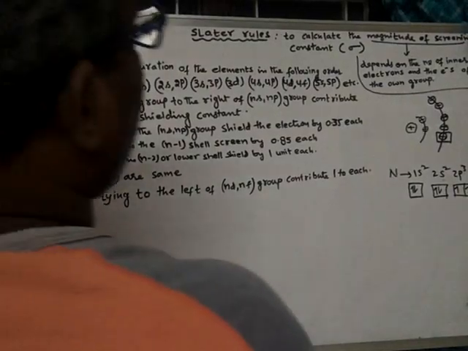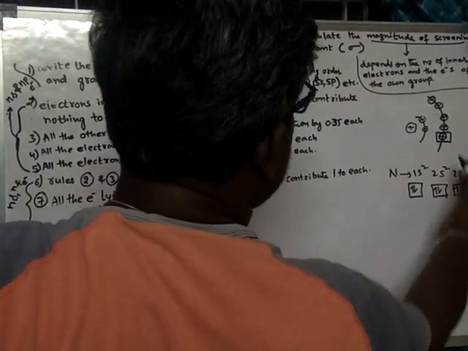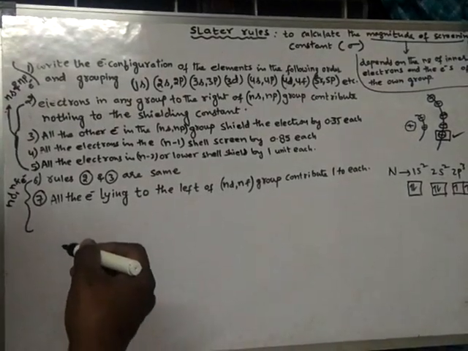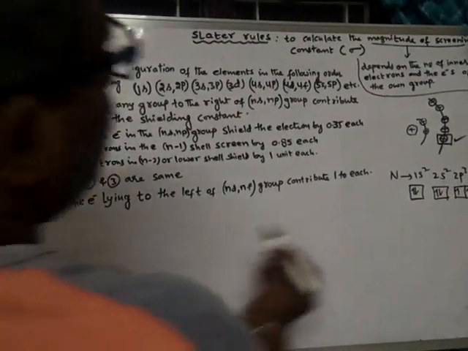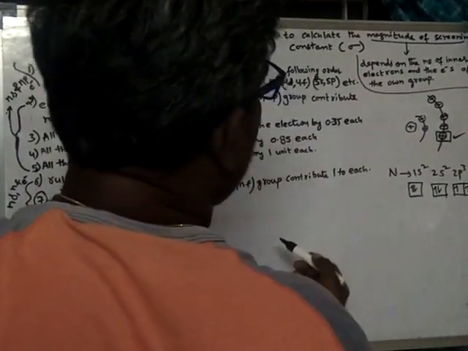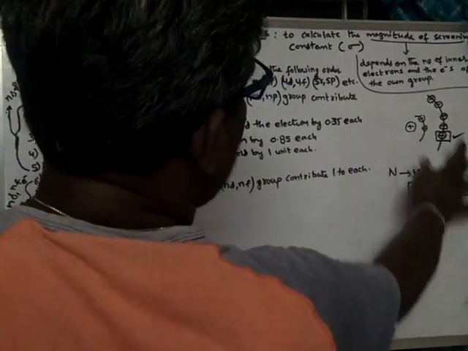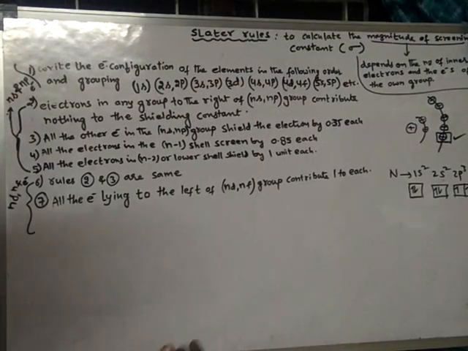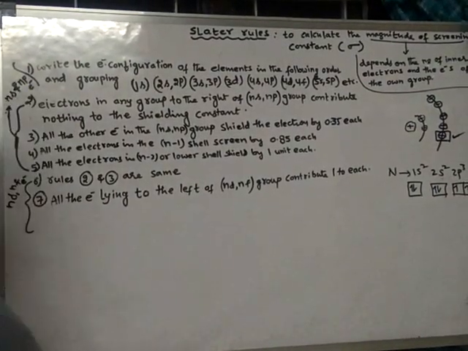Now we intend to calculate the screening constant on this electron. In order to calculate the screening constant on any electron, Slater has given certain rules, so now we will learn the rules.